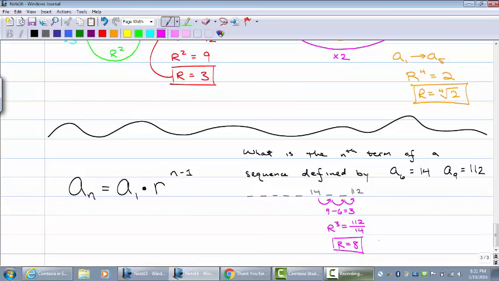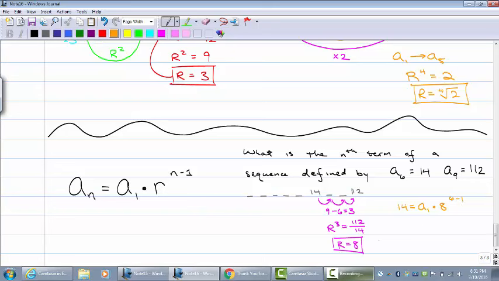I can trace my way backwards to find a sub 1, or I can think about this algebraically. Since I know what a sub 6 is, I can plug it in. I don't know a sub 1, but now I know the common ratio, and I know that n is 6.